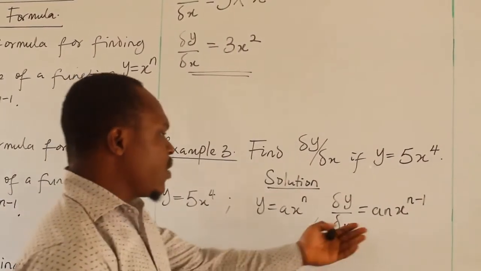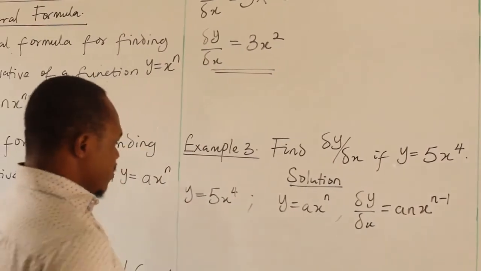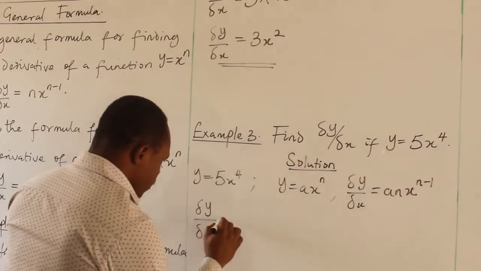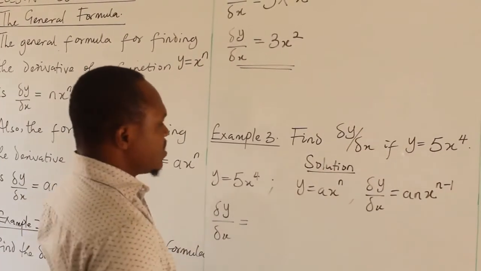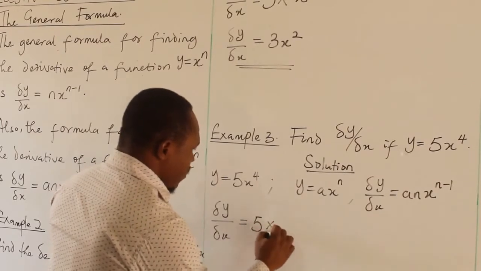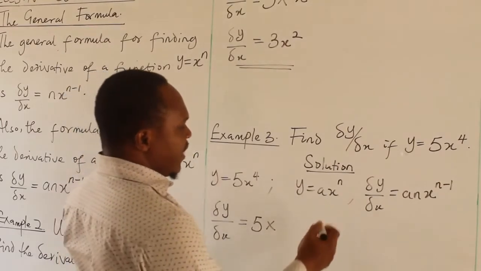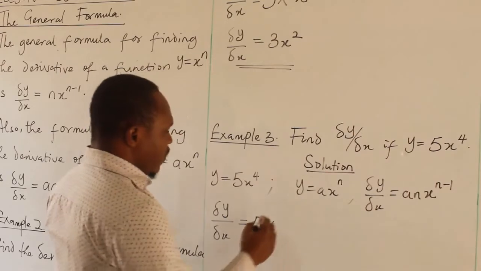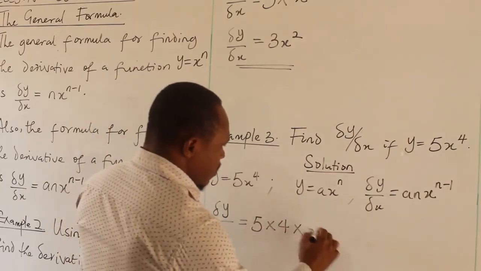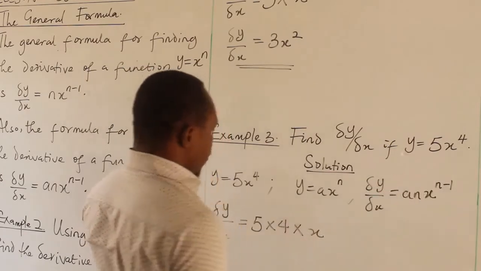So if we try to apply what we have here to this, dy over dx will be equal to, in this case, our a here is 5. So 5 multiplied by our n here, which is 4, multiplied by x raised to the power n minus 1.